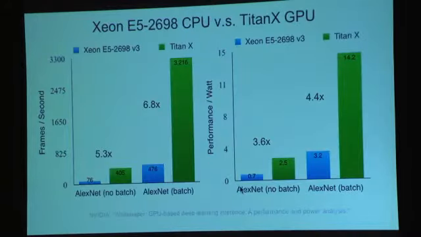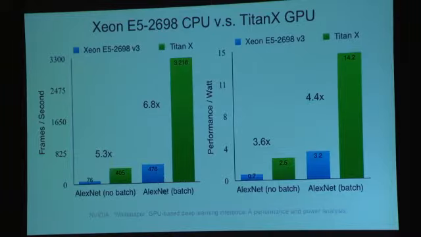So to justify my comment that if you want to go fast and efficient, use the GPU, this compares the data center processor I used as the baseline, the Xeon E5, to a Titan X. And what you see, and I've shown both for no batching and batching, and this shows why if you don't have the really hard latency constraint, you want to batch things.